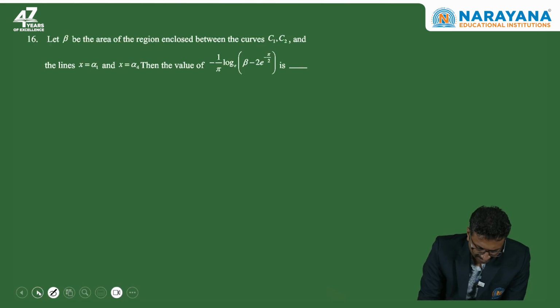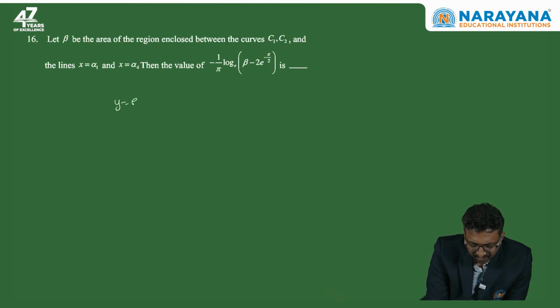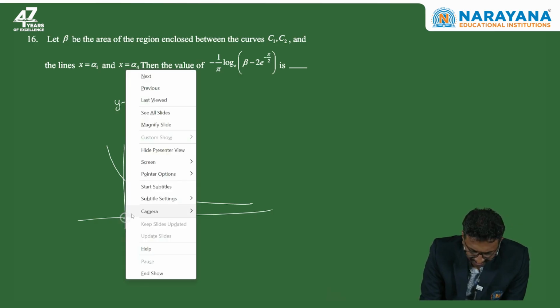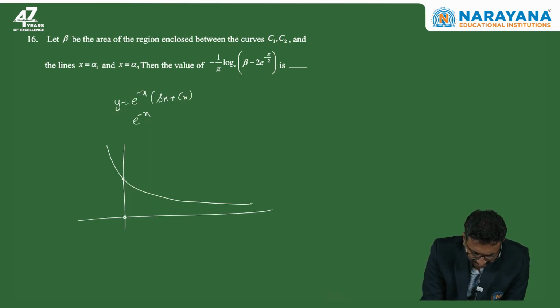So if you take the graph of y is equal to e power minus x into sin x plus cos x, and e power minus x. So e power minus x will be something like this. So sin x plus cos x, the curves are meeting at 0. That is, this is one meeting point, at pi by 2, at 2 pi, 5 pi by 2, right?